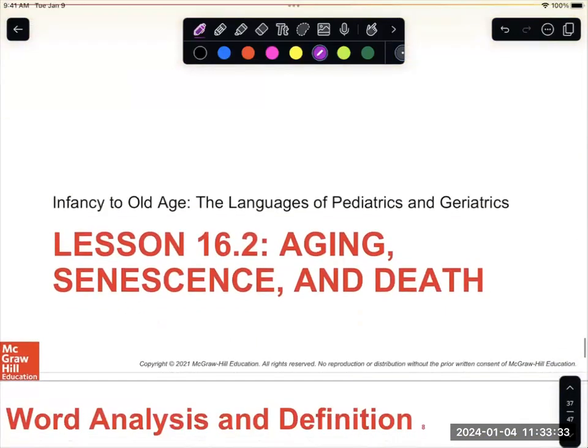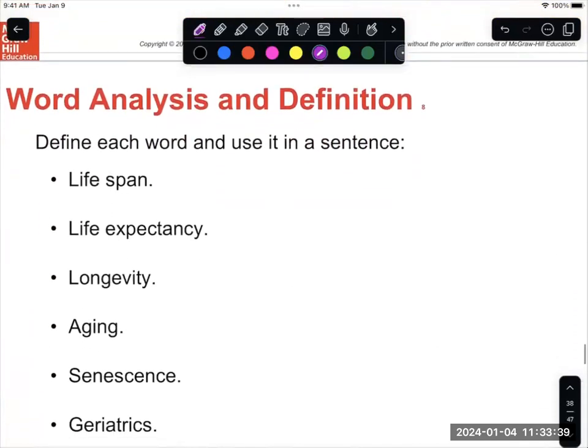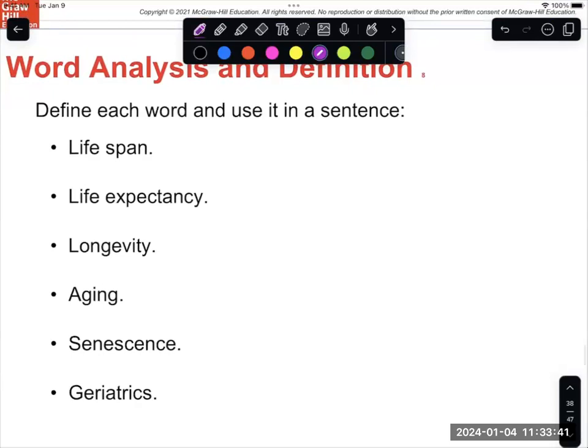So let's go look at aging, senescence, and death. The other end of the spectrum. So lifespan. Lifespan is the age to which a person lives and the process of getting there. Life expectancy is the average length of life for any given population.